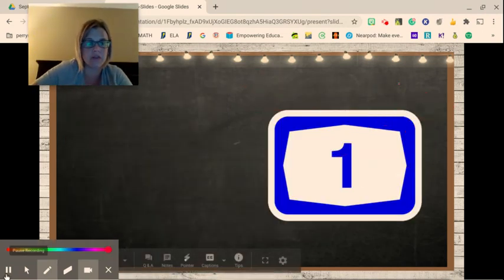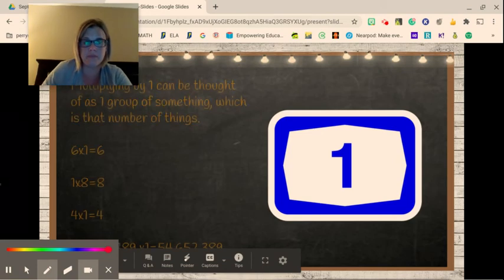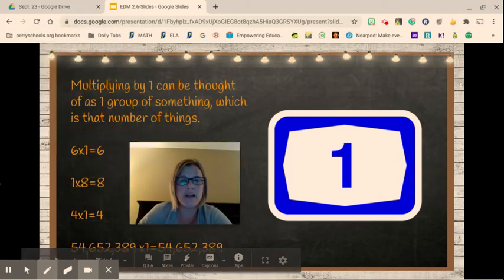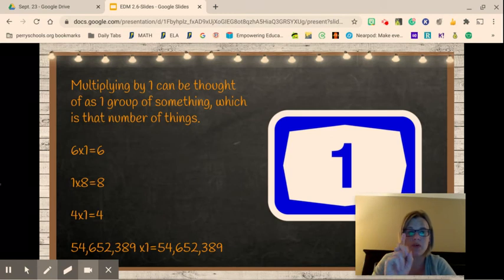Okay, so let's look at this rule. Multiplying by 1 can be thought of as 1 group of something, which is that number of things. So 6 times 1 is 1 package of 6. 1 package of 6 is 6. 1 times 8 can be thought of as 1 package of 8. So 1 times 8 is 8. 4 times 1 can be thought of as 1 package of 4.